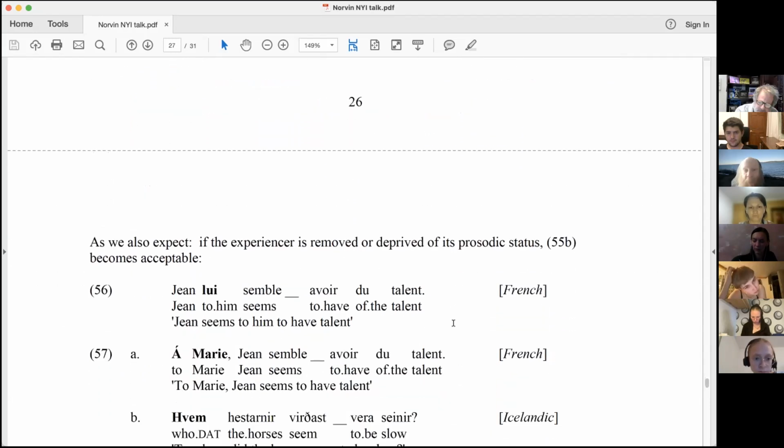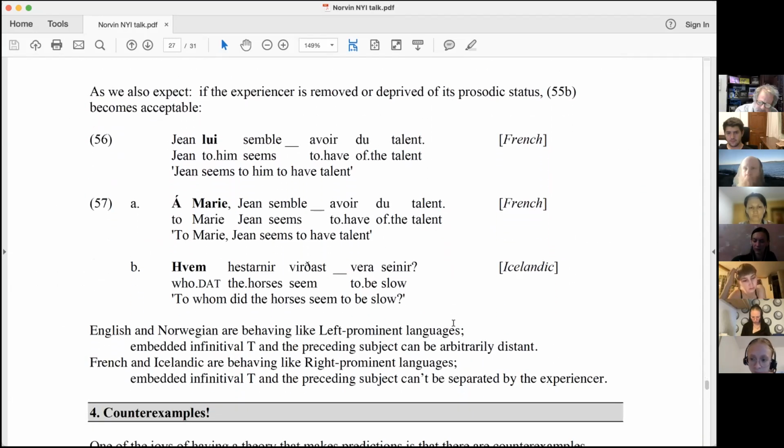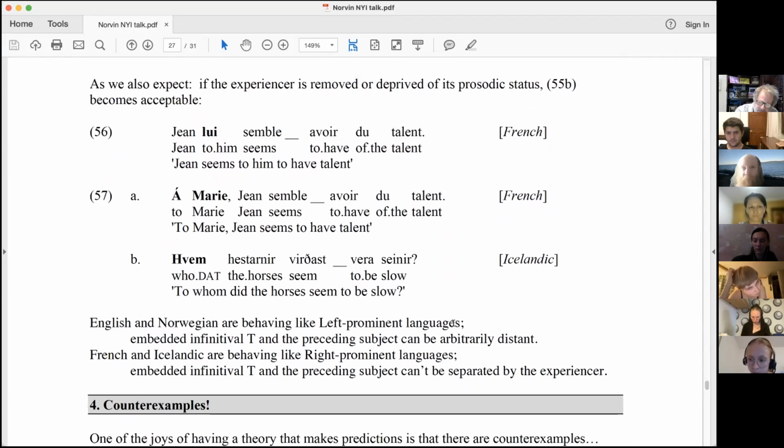As we also expect, this is also Brennan's point, and a problem for classic accounts of these facts, if you remove the experiencer, if you WH move it, or if you deprive it of its prosodic status by making it enclitic, you fix these examples in these languages. To whom did the horses seem to be slow is apparently perfectly good Icelandic, even though you can't raise across experiencers in Icelandic.